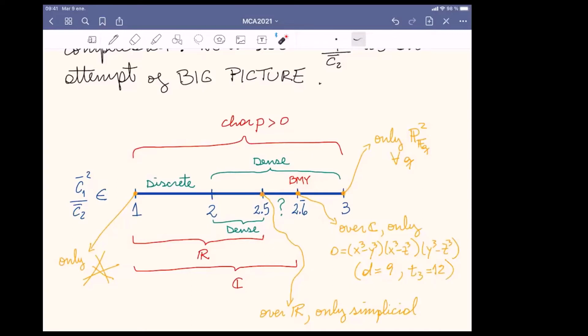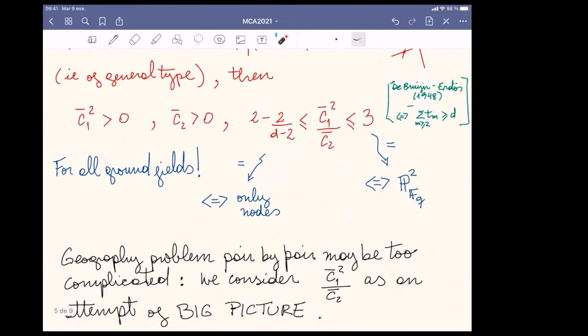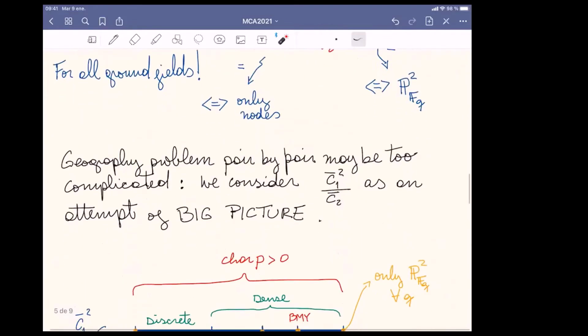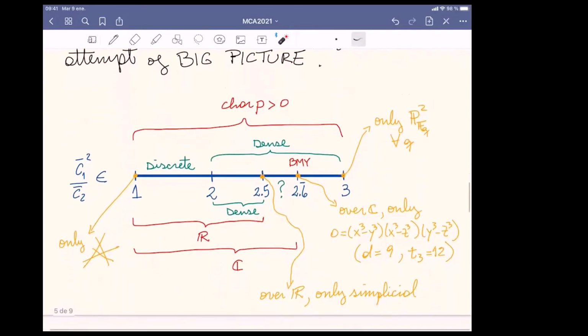Also, something that I like to do to have a sort of picture is: what can I say about accumulation points of these Chern slopes? What we can prove is that the Chern slopes are actually dense for any fixed characteristic between 2 and 3. It's easy to see from the inequality I showed you here that you cannot really have accumulation points between 1 and 2. This is discrete, independent of the field.